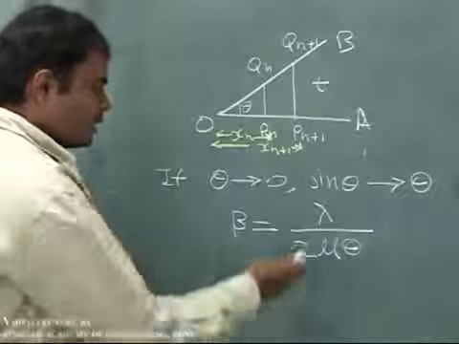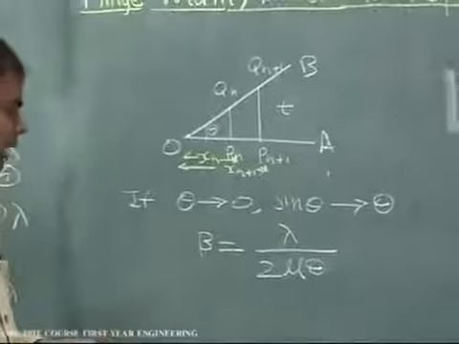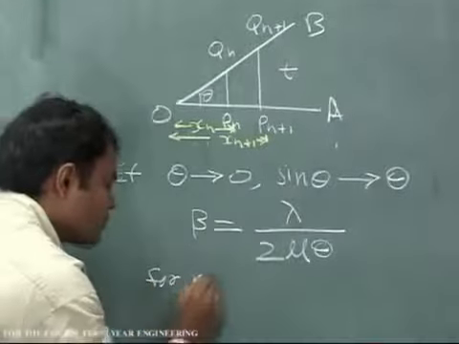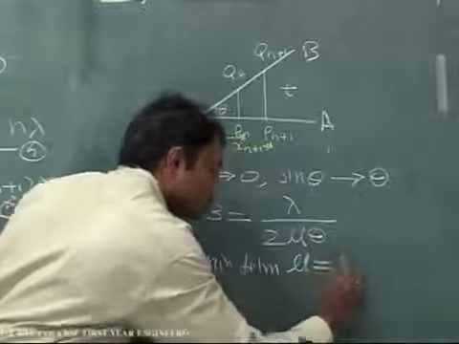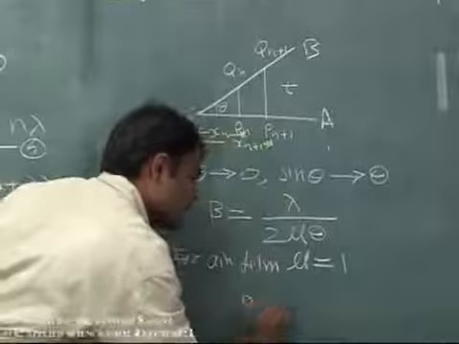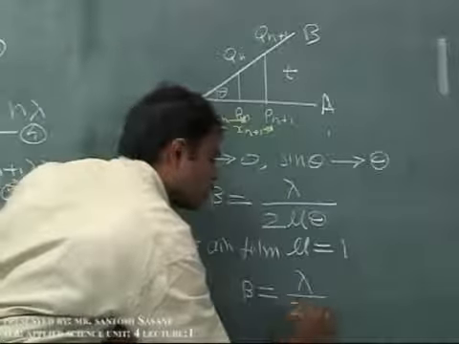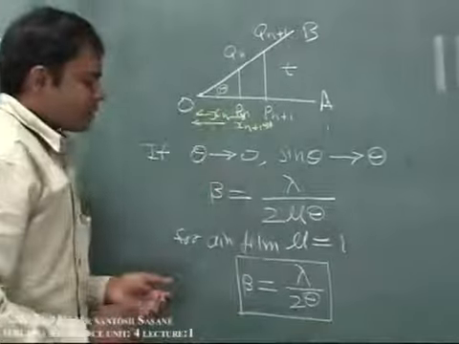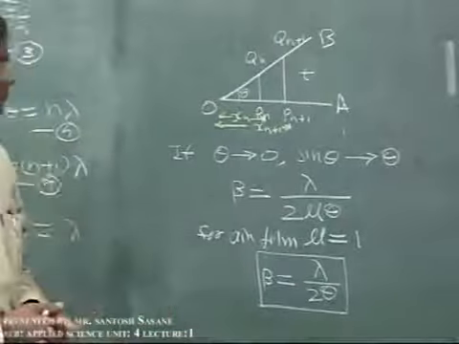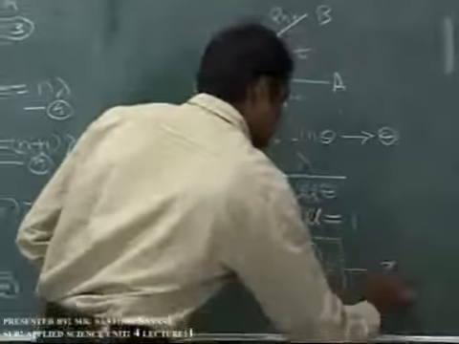Again, if the film is of air, that is for an air film, refractive index μ is equal to 1, and therefore fringe width beta can be written as beta is equal to λ upon 2θ, where θ is in radians. So in this way we can find the fringe width beta, equation number 7.